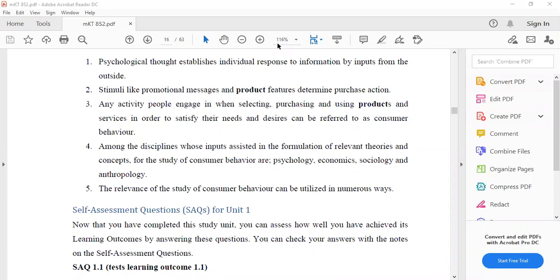The promotional messages come in the form of description of the product features, the quality content of the product or service, which in no small measure lead us to purchase such products.